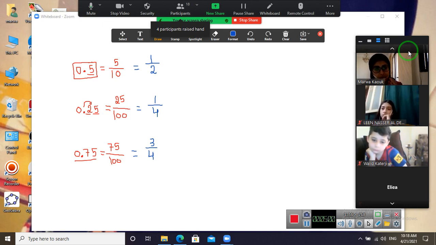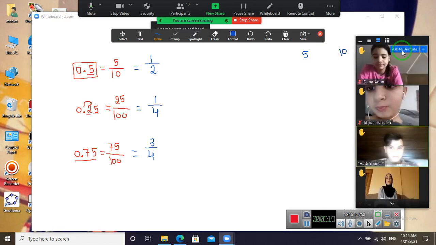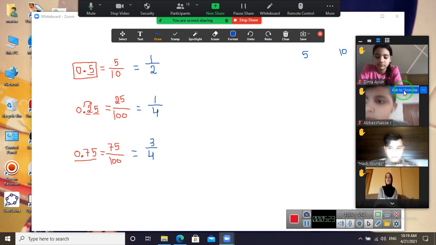What is the meaning of reduce and simplify? يعني تتقلص تتصغر. It means I can divide it by a common factor between them. If you look at 5 and 10, they can be divided by what? By 5. Very good.